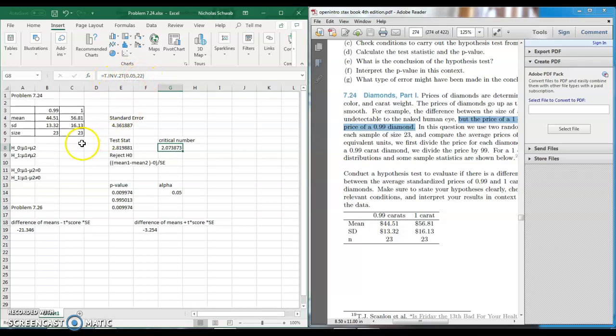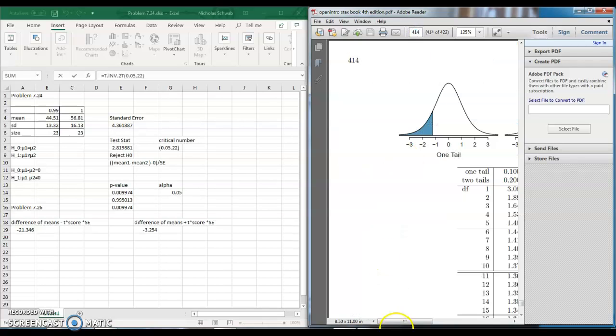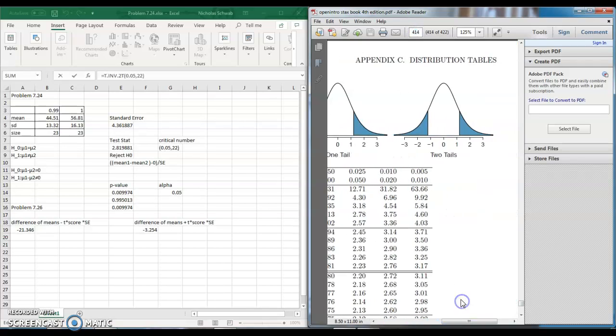I know I've got 22 degrees of freedom because their sample sizes are both 23. And this is a cool Excel formula. It actually tells us for the 2t, so it's taking the 0.05 and splitting that in half. If we look at a generic t-score graph, this side is 0.025, or 2.5%, and this side is 2.5% also.